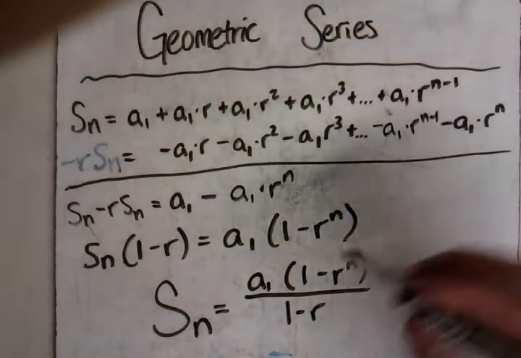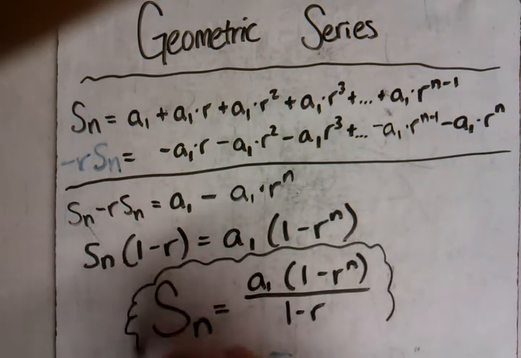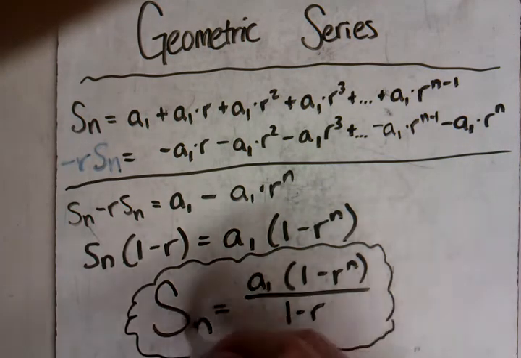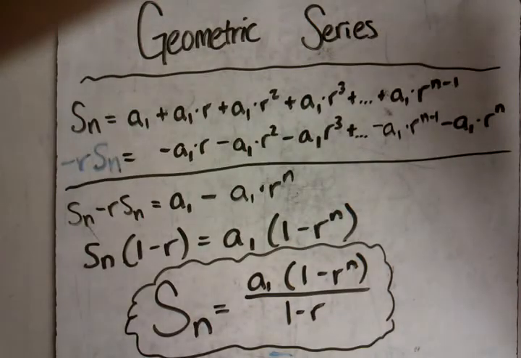So this is the formula that you will use to find the sum of the first n terms of a geometric series. It's a pretty neat formula.